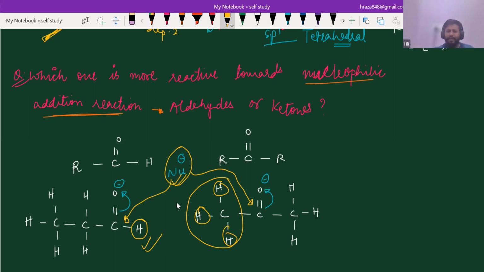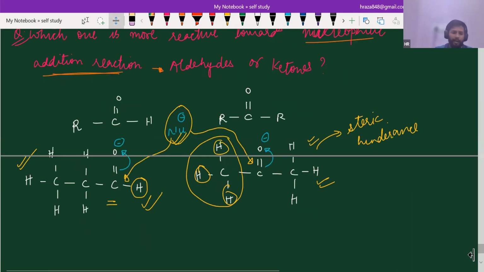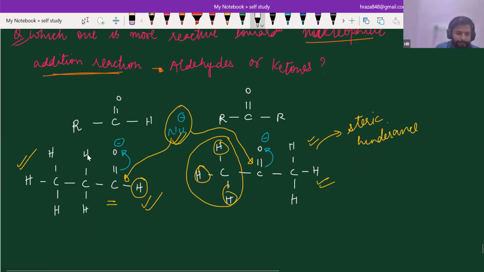In this way, aldehyde is more reactive, and this nucleophile can attack aldehydes more easily as compared to this ketone, because there is more steric hindrance in this ketone as compared to this aldehyde. So this is the reason why it is more reactive, and I'm going to write a point about it.